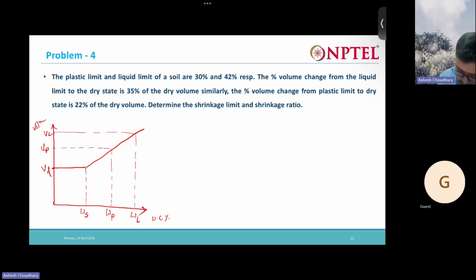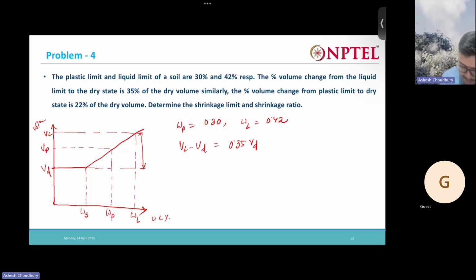Okay. So it is given that the plastic limit is 30% and the liquid limit is 42%. Also, the volume change from liquid limit to dry state, this volume change, VL minus VD, is given as 35% of the dry volume.